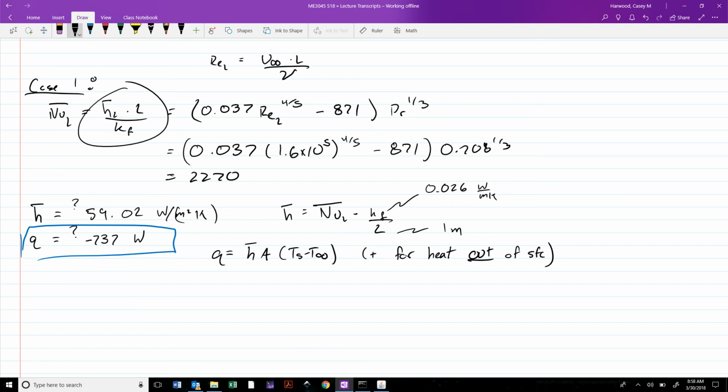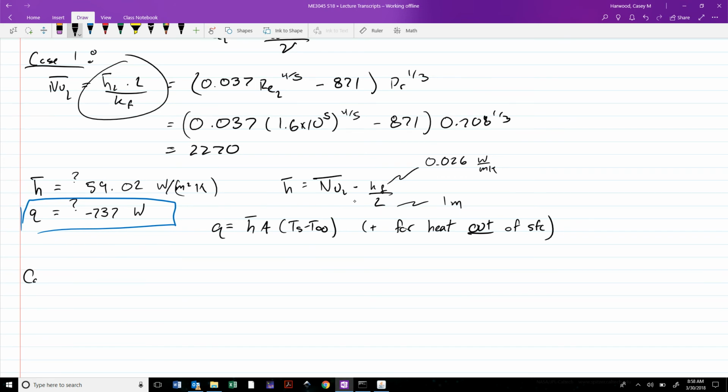Okay, case 2. I'm going to leave this one more or less in your capable hands, right? The difference here is when we apply that correlation equation instead of the 871, we're saying that it's the case where we have tripped turbulence.